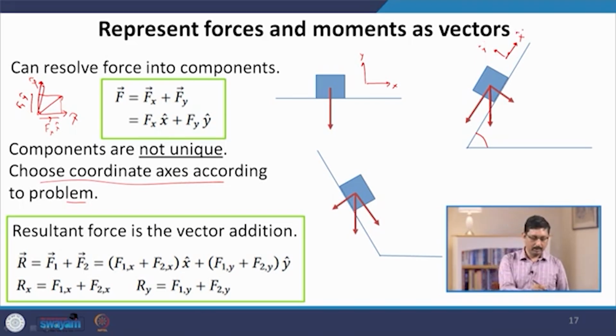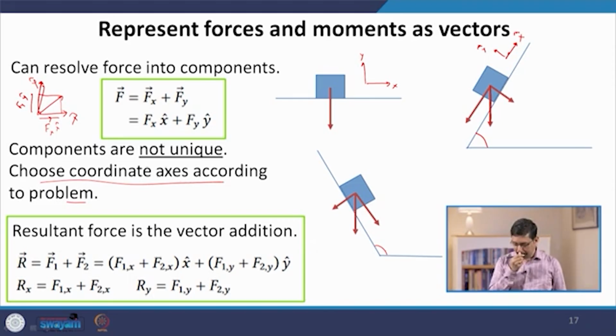As before, the little hat over x represents the unit vector, but we shall come to analyze this problem later. Your inclined plane need not always be at an angle less than 90 degrees. It can also be 90 degrees, or even bigger than 90 degrees, such as in this particular situation.